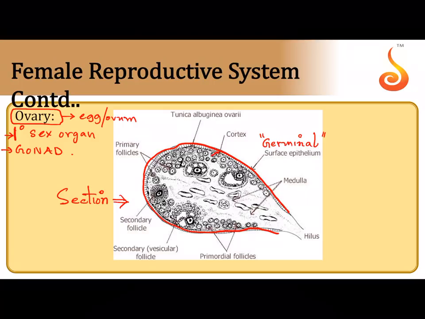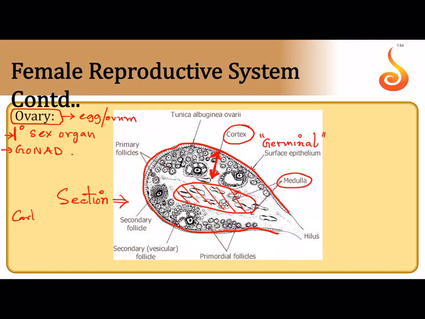Then can you all see there is a superficial zone and there is a deeper zone in the ovary. This superficial zone in the ovary is referred to as the cortex, and the deeper zone in the ovary where you would find blood vessels and nerve endings is called the medulla.